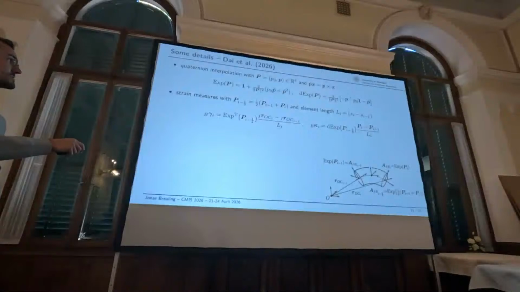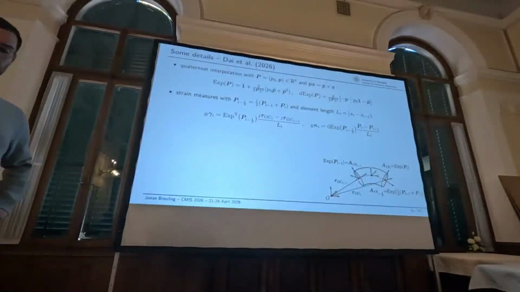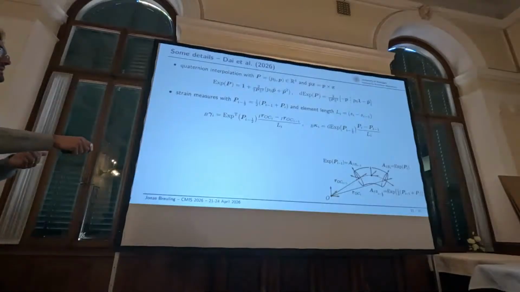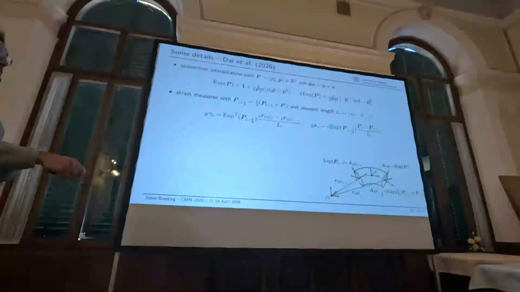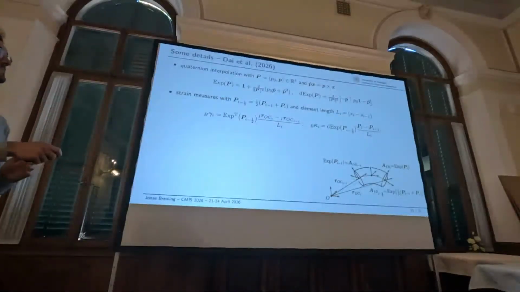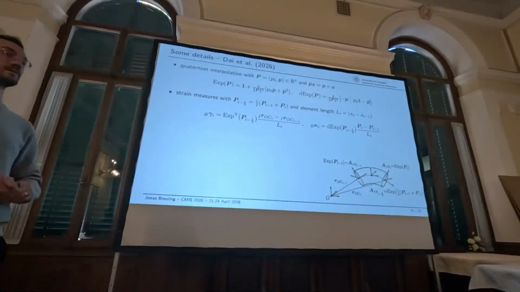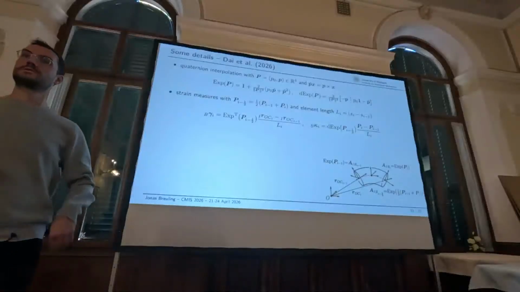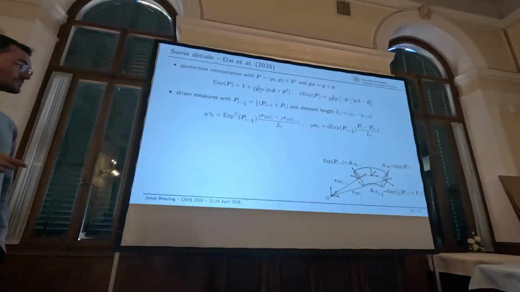The strain measures known for Cosserat rods are axial, shear, bending, and torsion strains. They are simply given by differences of the positions, if you have a single two-node element, and the differences of the quaternions mapped with some, let's say, strange matrix to be a strain measure.